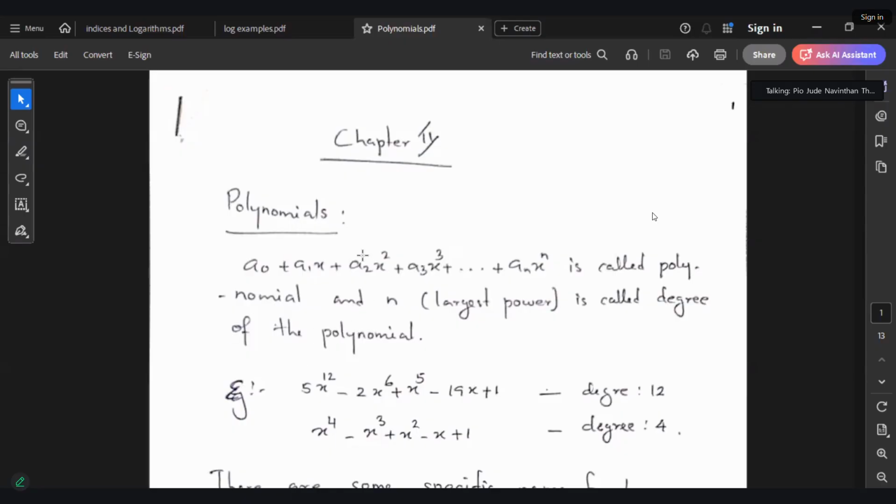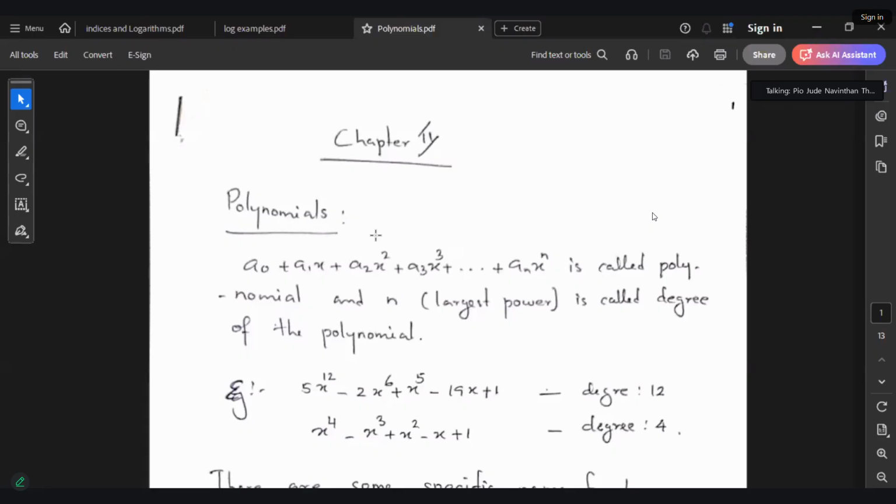Then the second thing we can see here: the first element has an x. Actually, there is x, but visibly there is no x. The second one, yes, one x is there, x to the power 1.